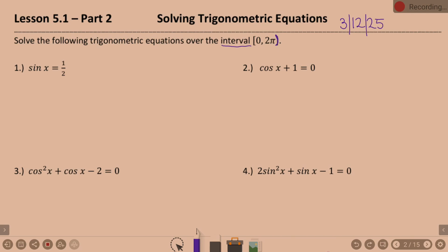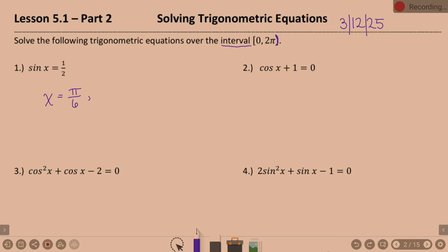Okay, we're going to go radians. Yes, I agree, it is 30 degrees, but pi over 6. So one of our answers is pi over 6.